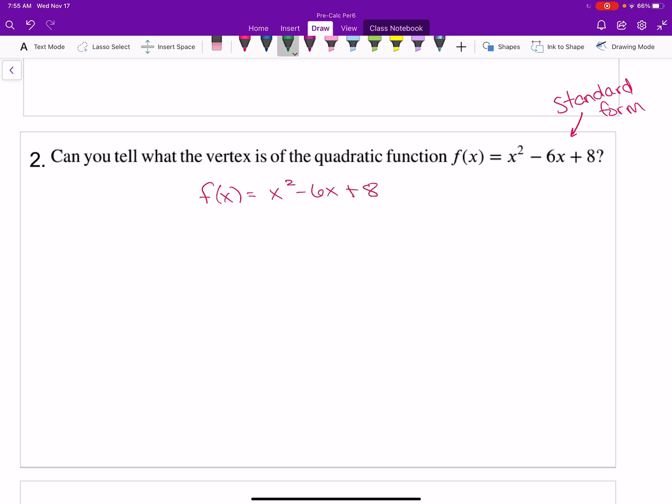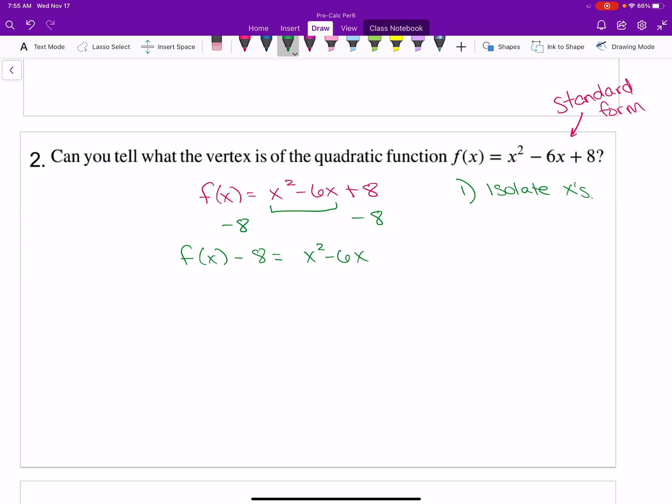So the first step for completing the square is to isolate the x's. So the x squared minus 6x I want to get by itself. So I'm going to subtract the 8 to the other side. This f of x or y cannot actually combine with the negative 8, so it's just going to stay f of x minus 8.